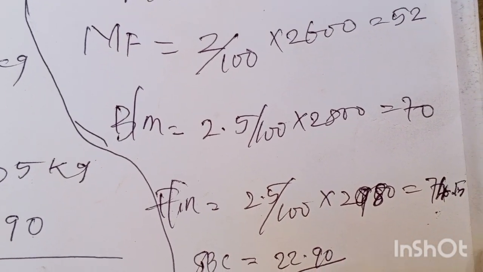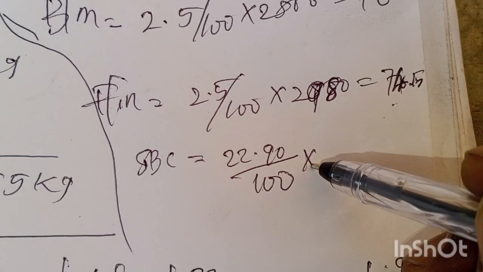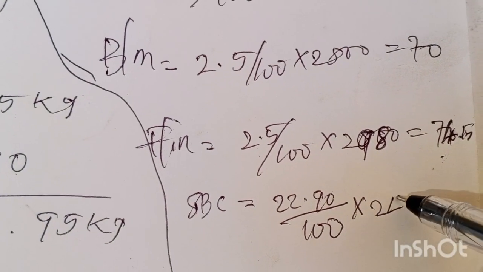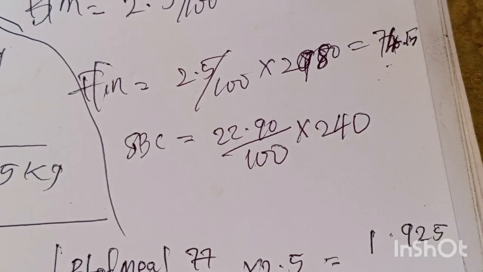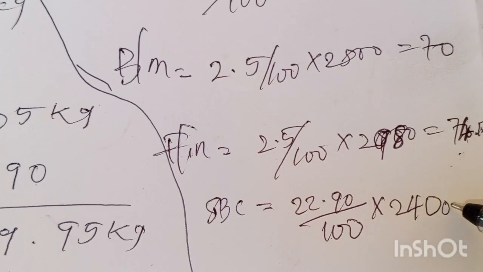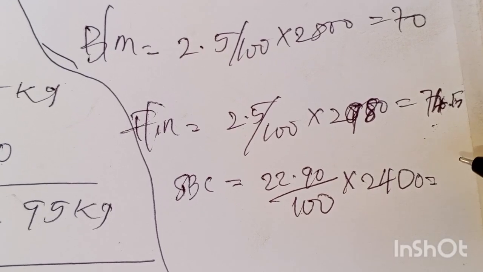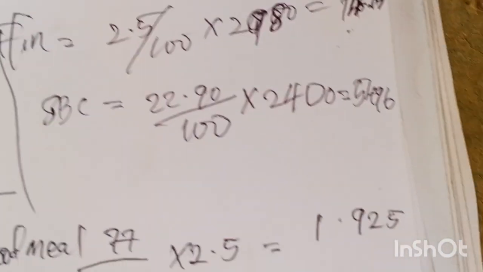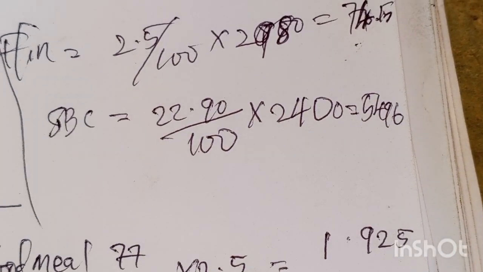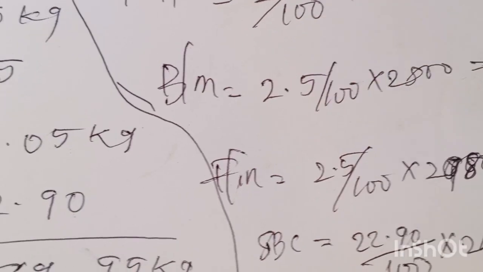So for soybean cake, you're having 22.90 over 100 times 240, which is equal to what? 5496. Yes, 5496. Now we are going to total everything together.